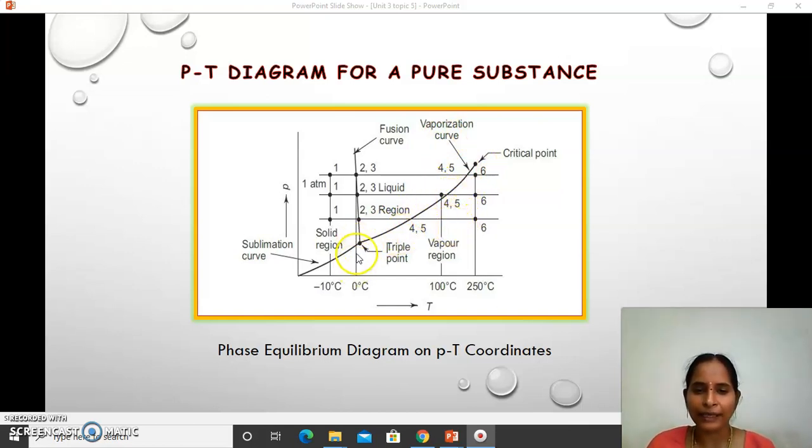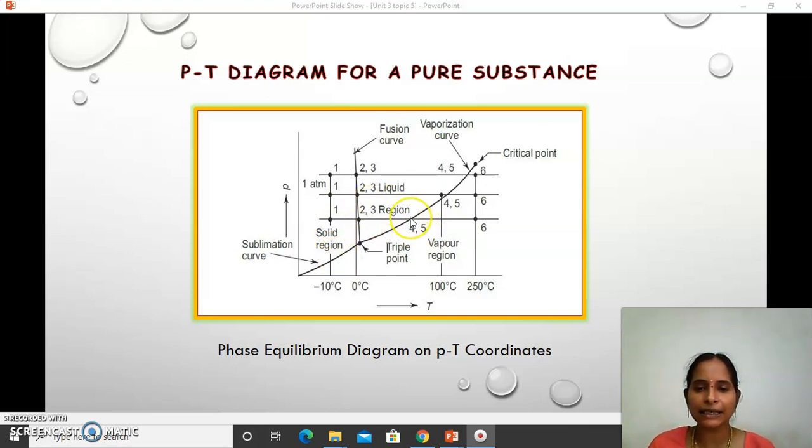So this triple point is a point in which all the three phases, that is ice, water and water vapor, coexist in equilibrium.